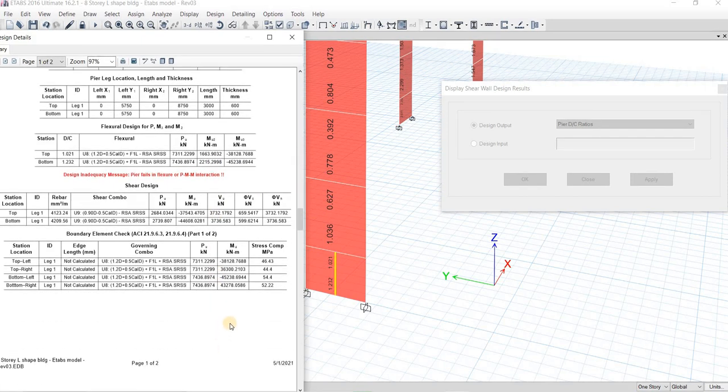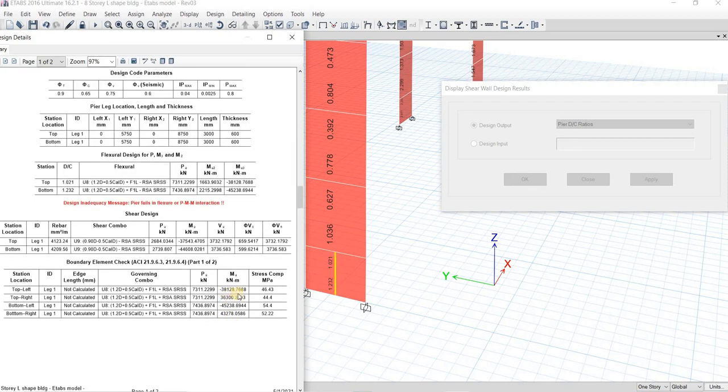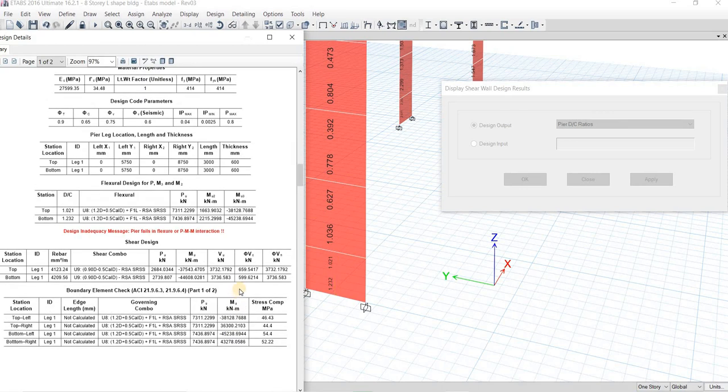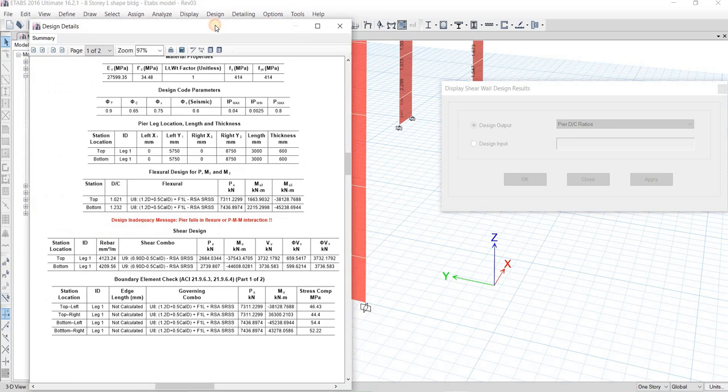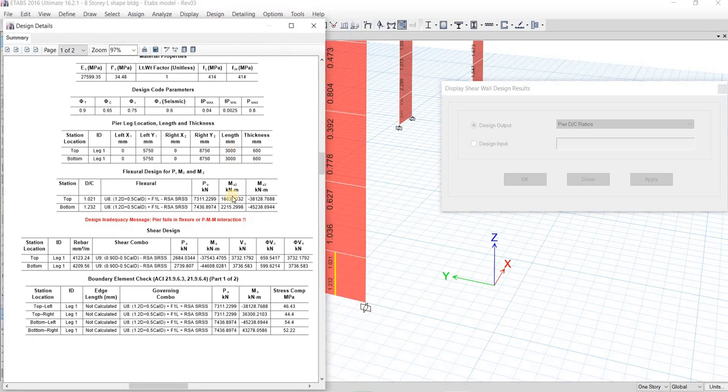Then this checking already has a checking for shear capacity, or how to define the thickness of the wall. So I have the capacity, but the thickness requirement, I don't know if it's adequate or not.